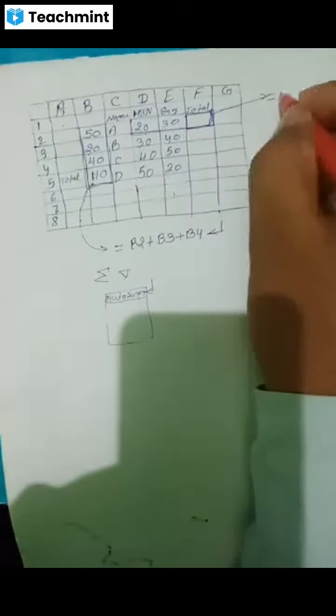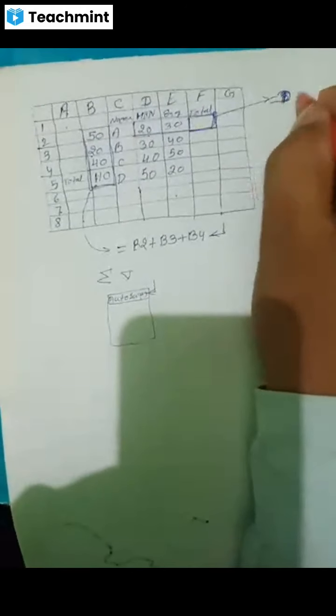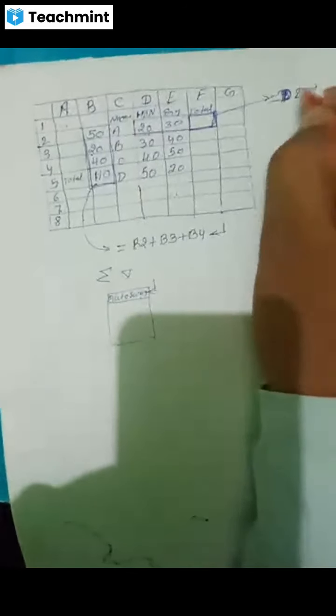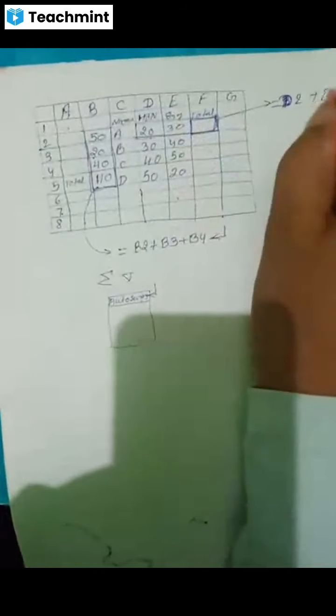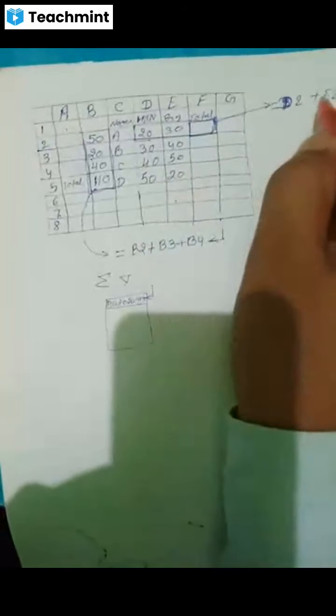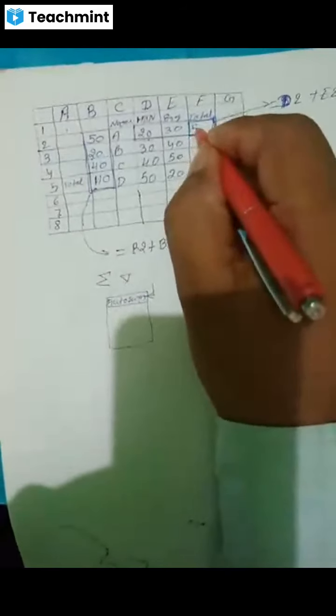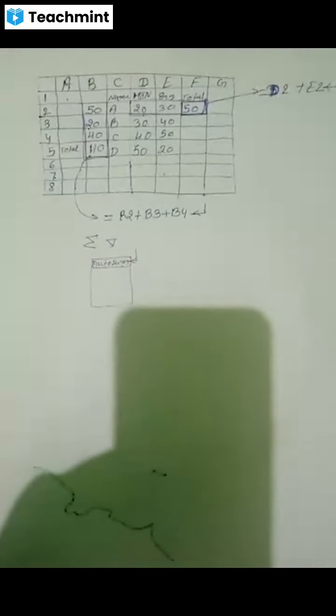Write D2 plus E2, and then press the enter key. So suddenly after pressing the enter key, the answer 50 will come. Okay. Ready method.